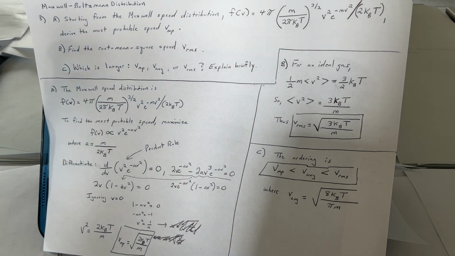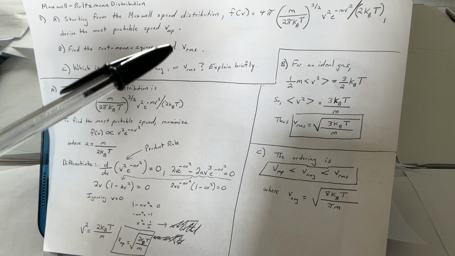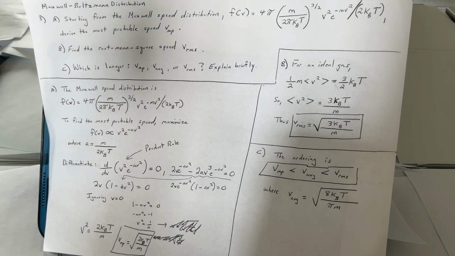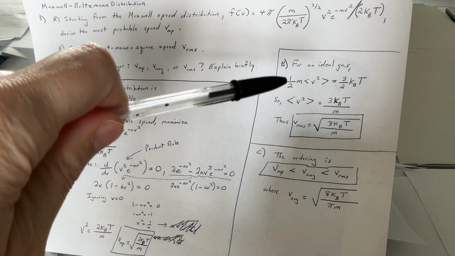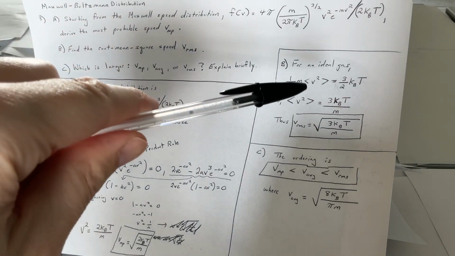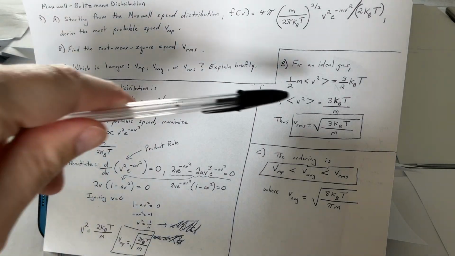And letter B, for an ideal gas, find the root mean square speed, v_rms. So for root mean square, in this situation for an ideal gas, this is going to be 1/2 m times v squared, right?